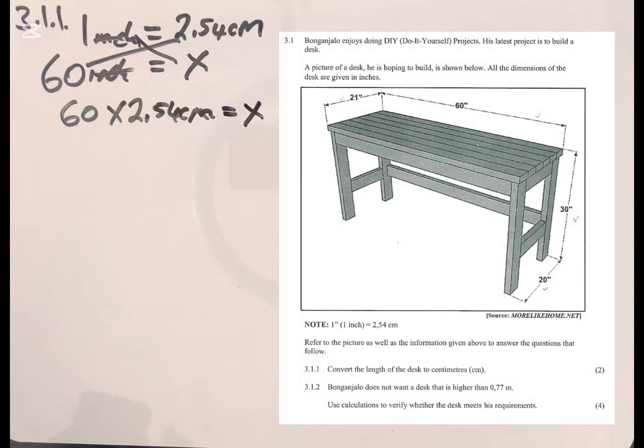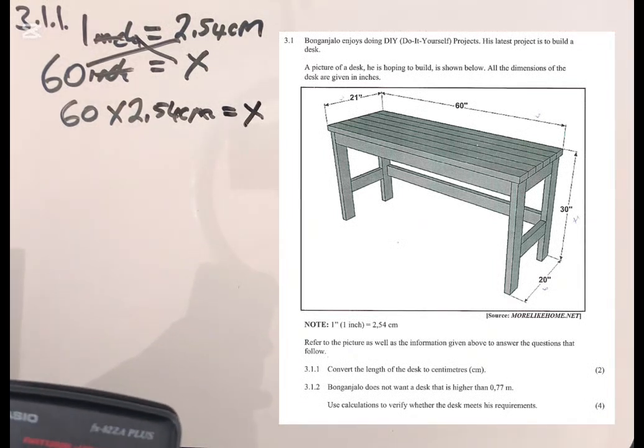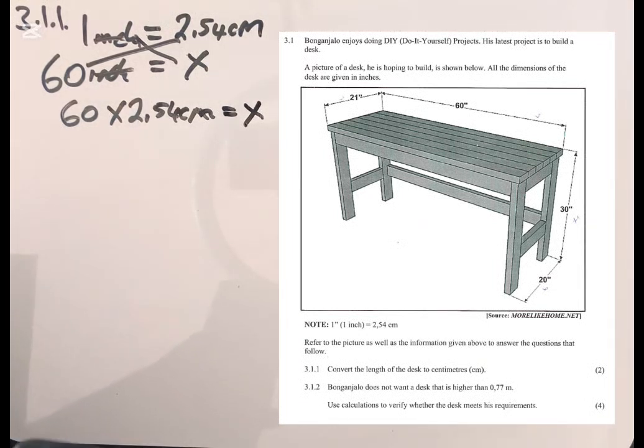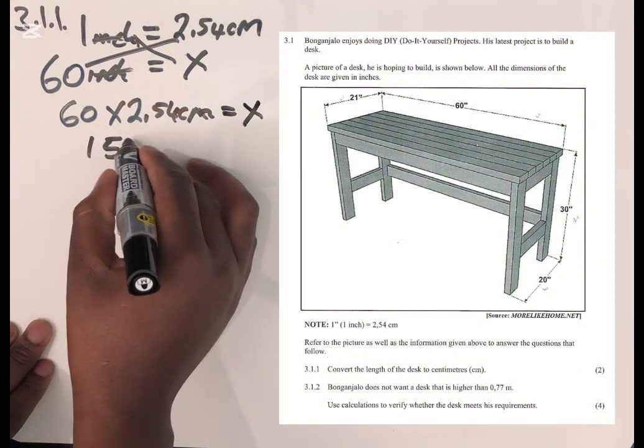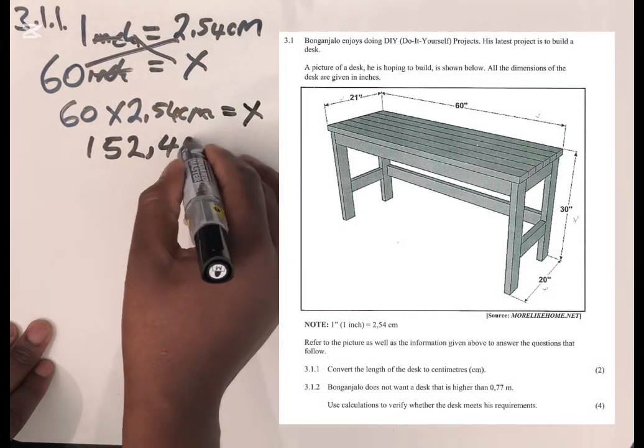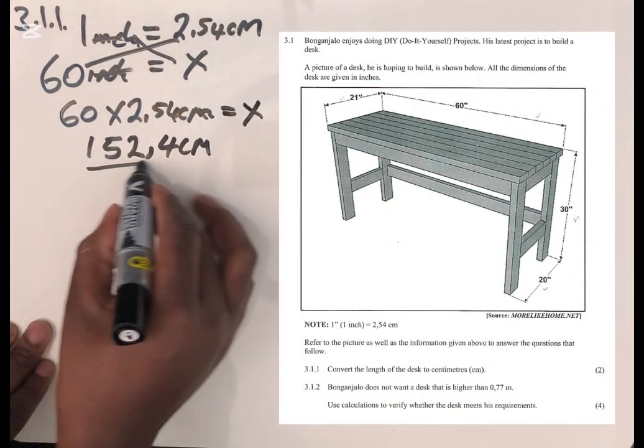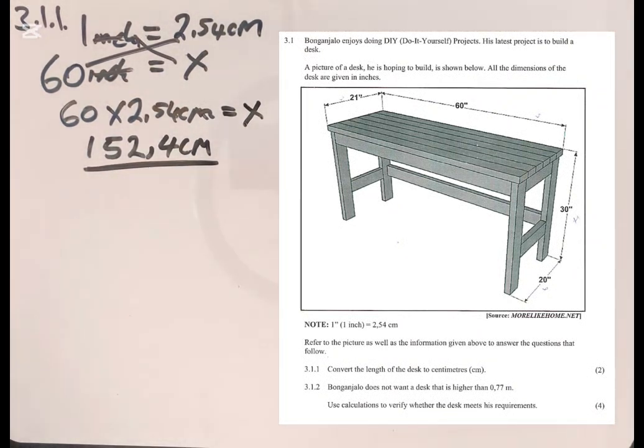You take your calculator. You say 60 multiplied by 2,54 centimeters. You find that your answer here is 152,4 centimeters. We are done. So now we know that when you convert inches to centimeters, you just multiply by 2,54.